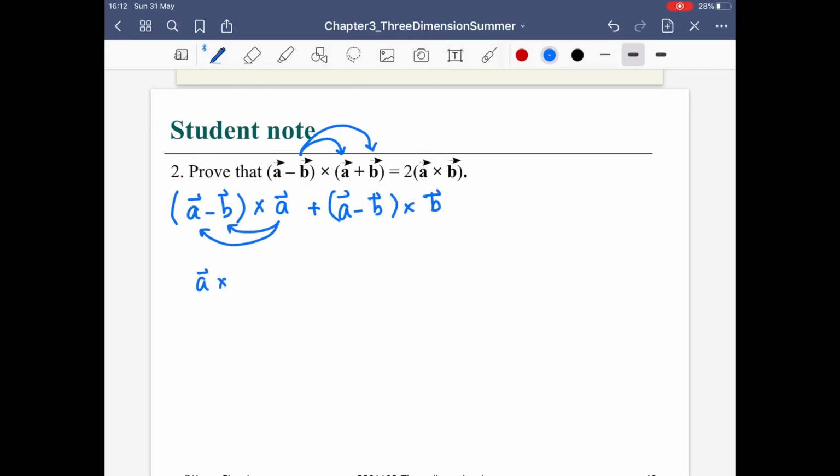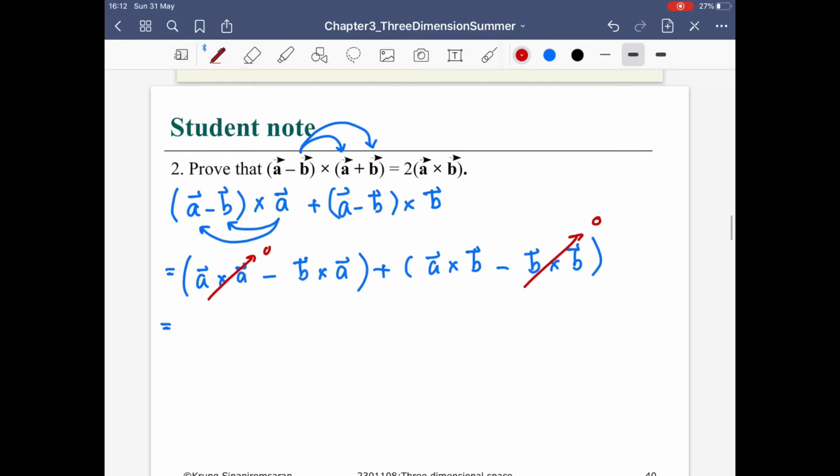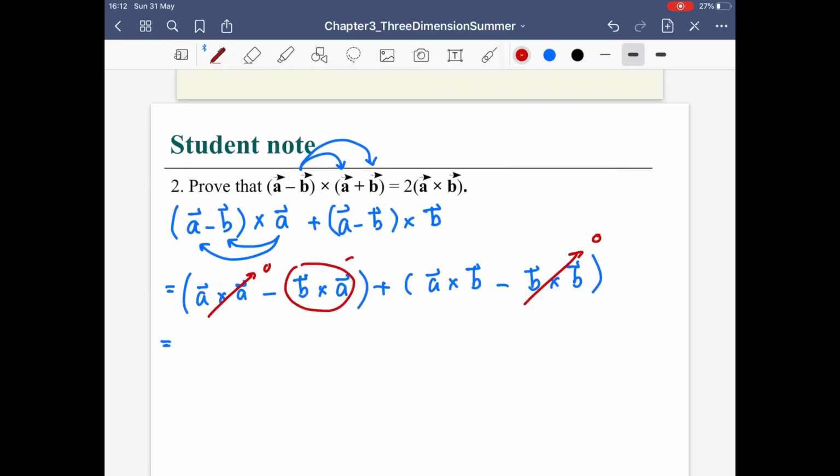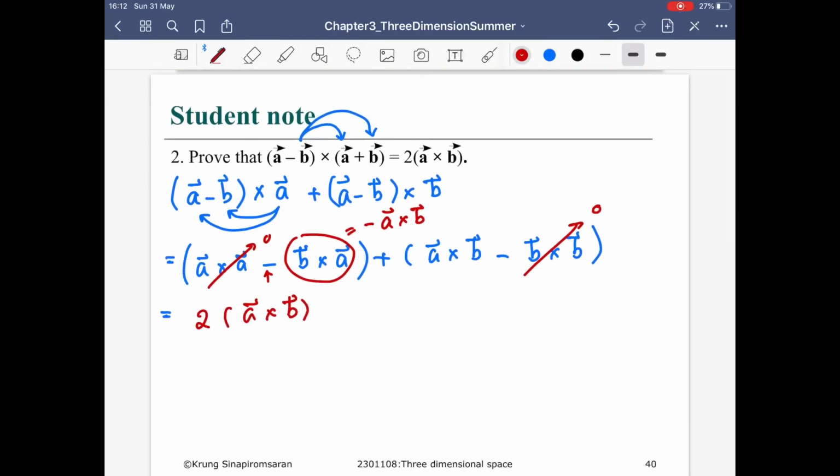You got a cross a minus b cross a, plus a cross b minus b cross b. Because a cross a is 0, b cross b is 0, and b cross a is actually the negative of a cross b, as you have another extra negative, you got twice a cross b. Very easy. Just like that.